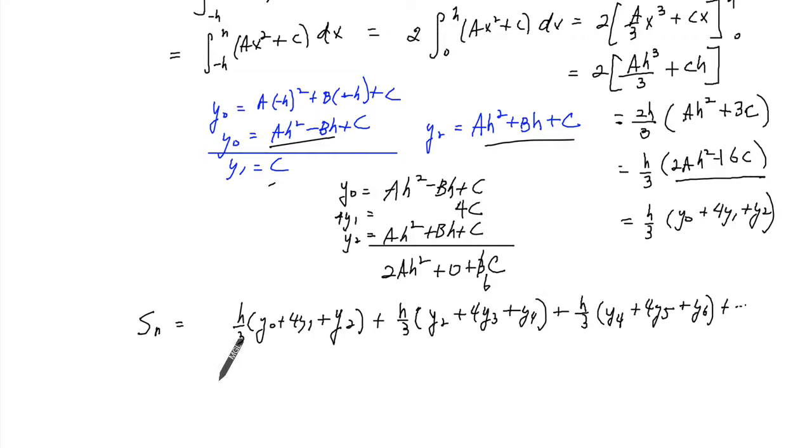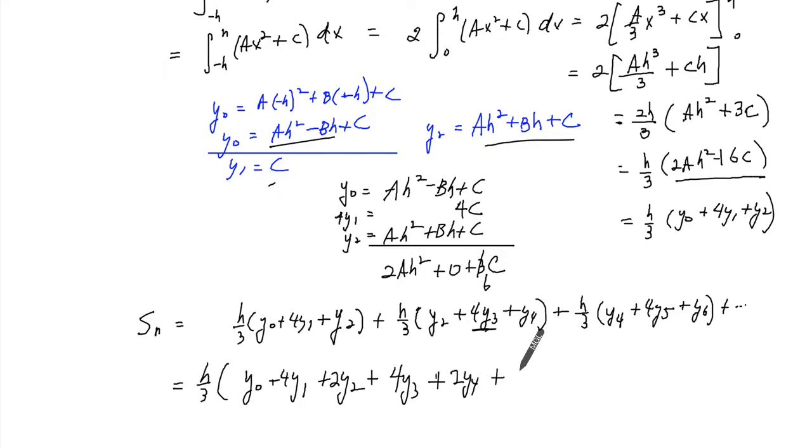So if you factor out h over 3, it's y0 plus 4y1. y2 is now doubled, y3 is 4 times, and y4 is also doubled. The pattern will continue this way.